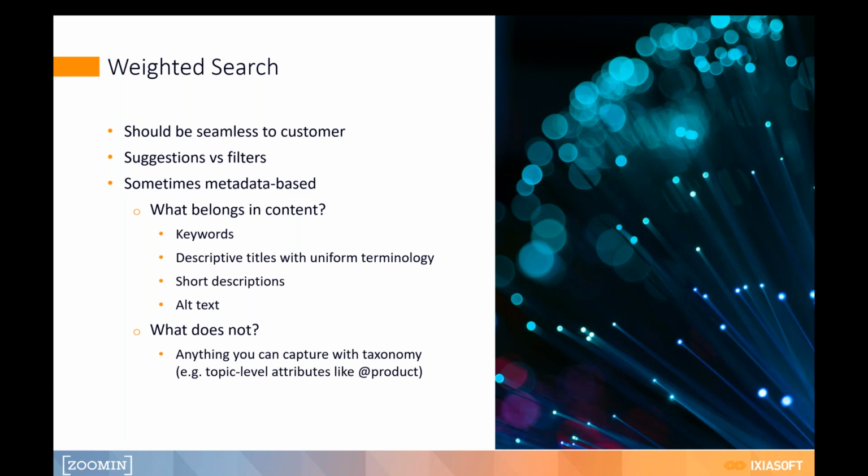So descriptive titles that really describe the content of the topic, with uniform terminology. That's using the same term for the same thing all the time, and also even doing things like making sure that every procedure is titled beginning with a verb. So configure the whatever, add a whatever, modify whatever, or you can do it with gerunds or whatever.